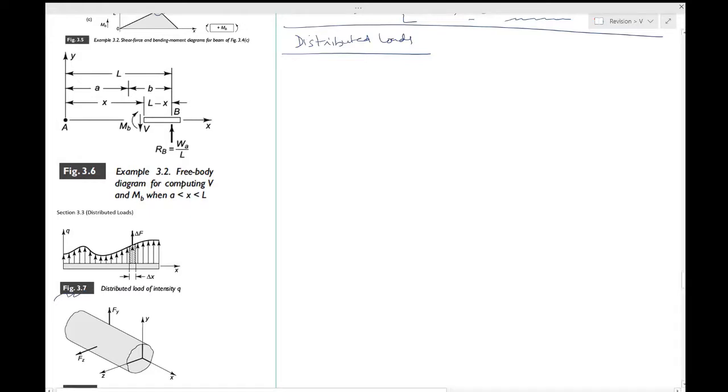The origins of the force are irrelevant, and the point is that the beam experiences this sort of distributed loading. Let me try to motivate why such a thing can happen. Look at this container, and you fill it with fluid.